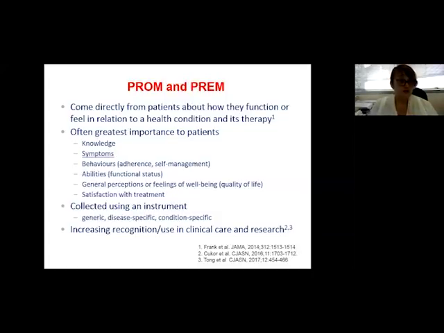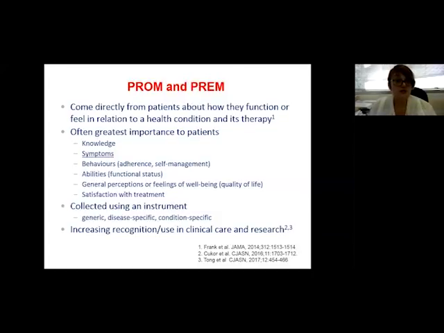So often things that are of great importance to patients is that they have knowledge about a disease, and in other parts of our chronic care nursing subjects, maybe in 007, you've looked at patient knowledge and adherence and self-management, so their behaviours. It might be abilities, so functional status, or it might be feelings of well-being, and this is quality of life. Many of you may have assessed patients' quality of life, but you'll notice here that symptoms is part of patient-reported outcome measure or a patient-reported evaluation measure.